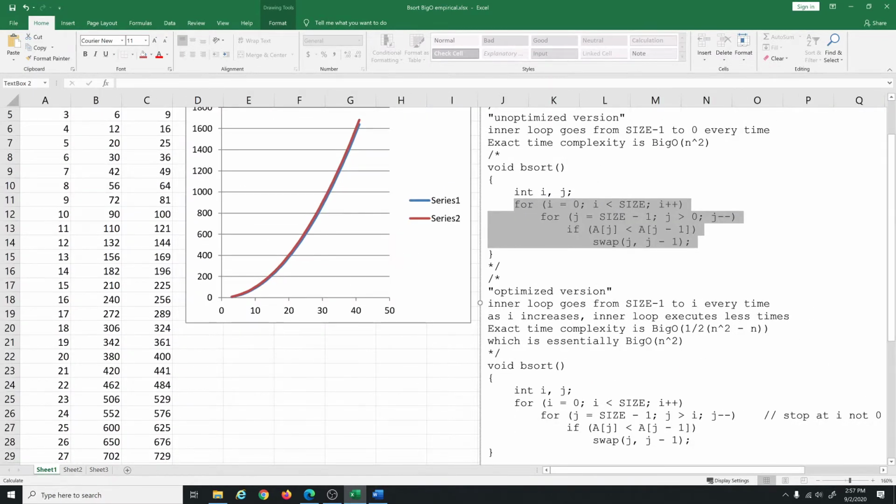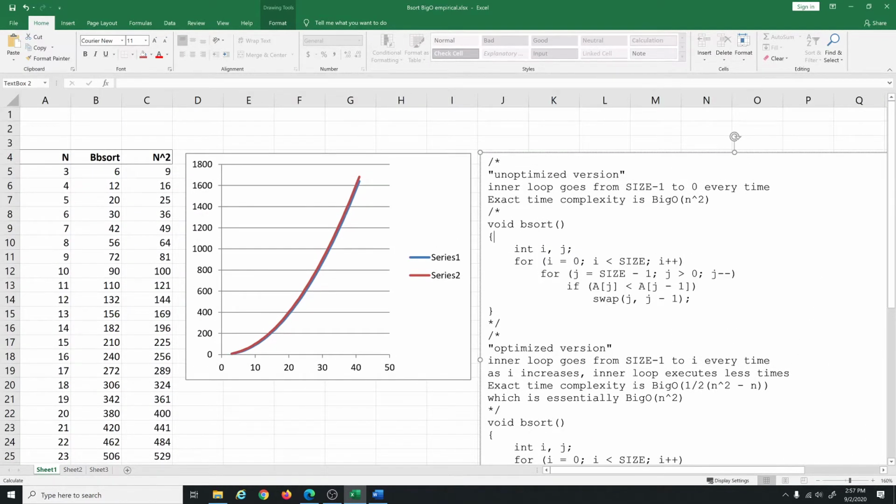But the unoptimized version is exactly n squared. The inner loop is going from size to 0, and the outer loop is going from 0 to size. So the outer loop's going n times, the inner loop's going n times. Don't worry about the -1. It makes really no difference. So this is exactly n squared.